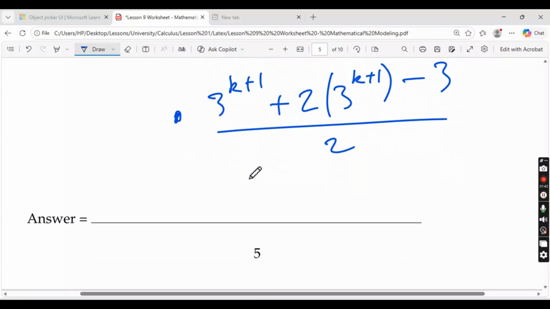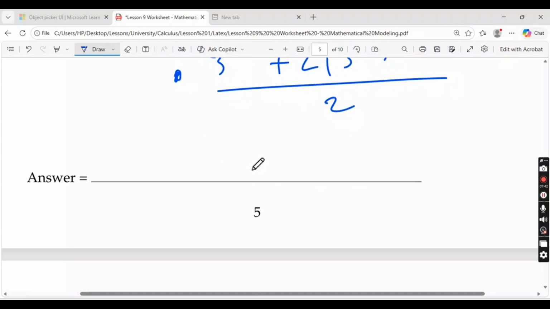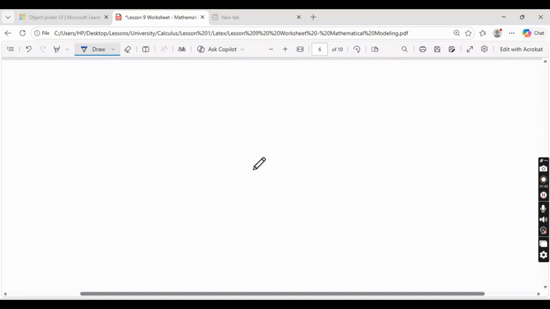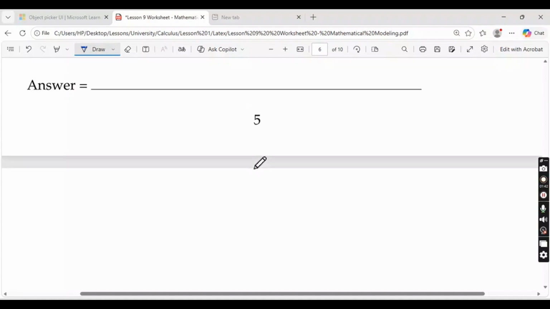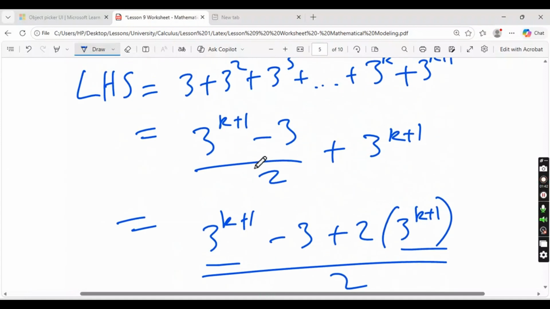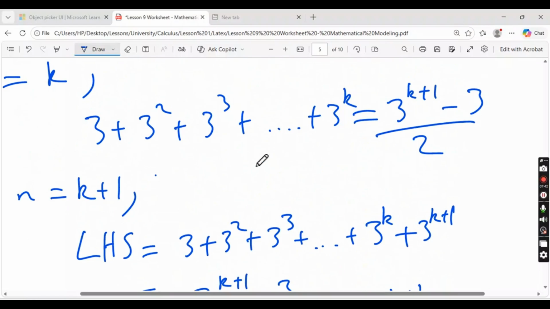What you can do is leave a space and then do the right hand side. Because when you do the right hand side, you know the right hand side is actually the guide that will help you get to the answer.